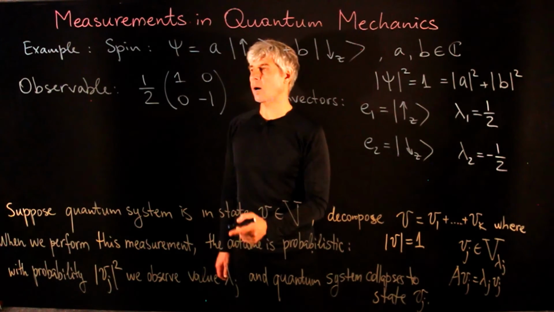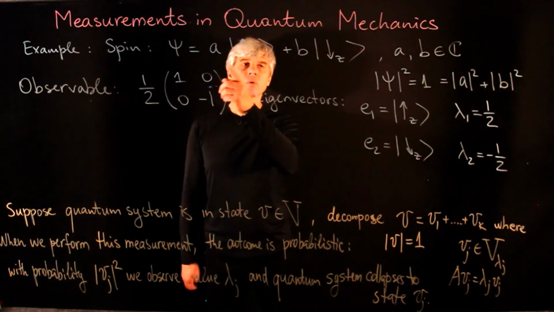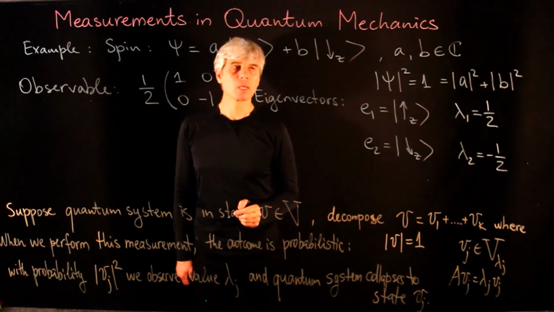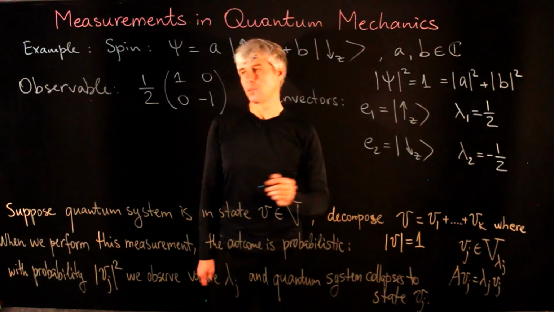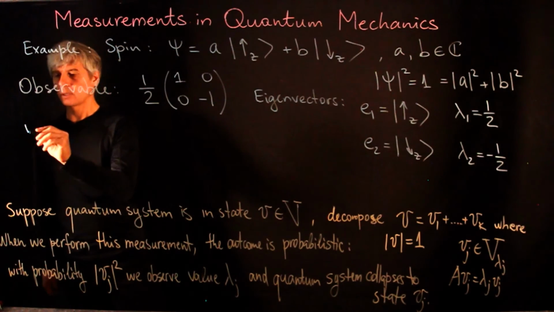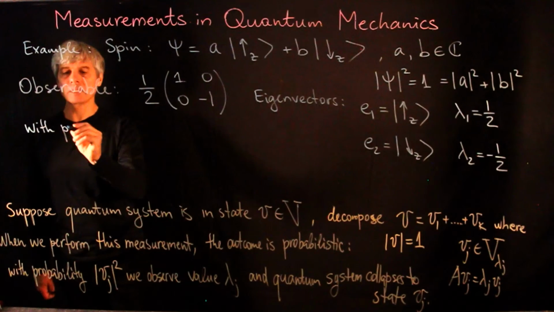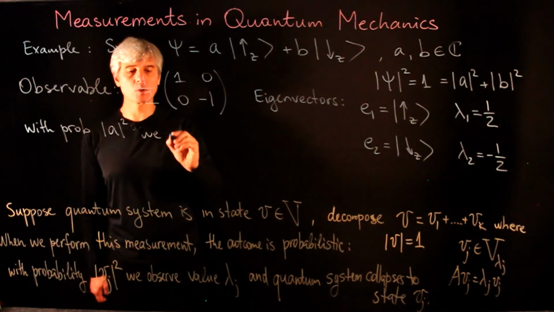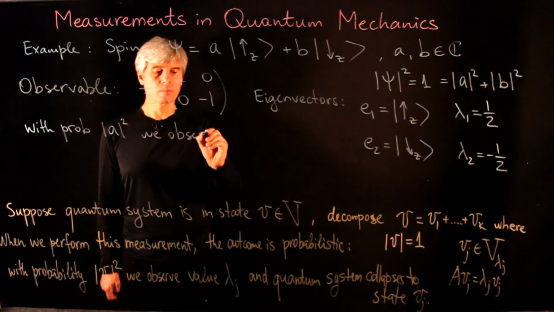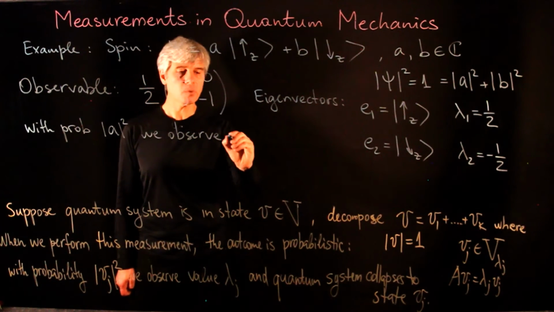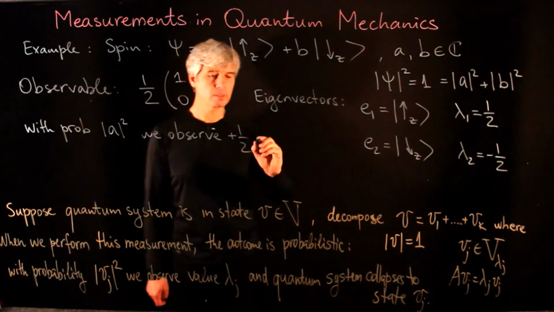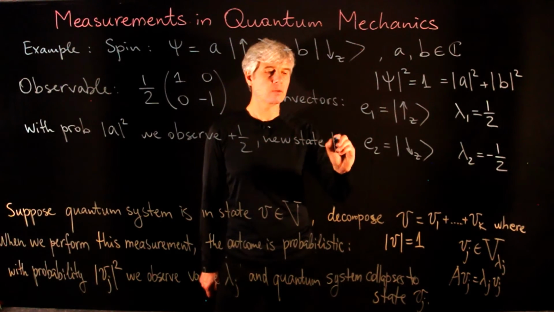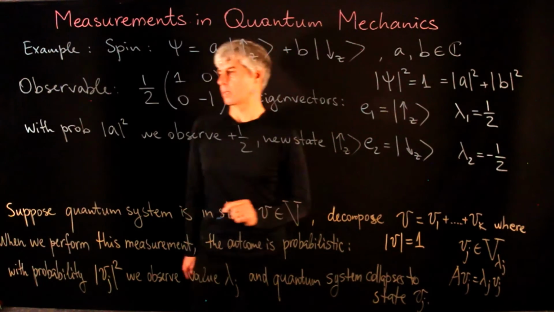So according to our axiomatics, if we have this state, then with probability norm of A squared we observe +1/2, and the new state will be a basic state, which is this, right?